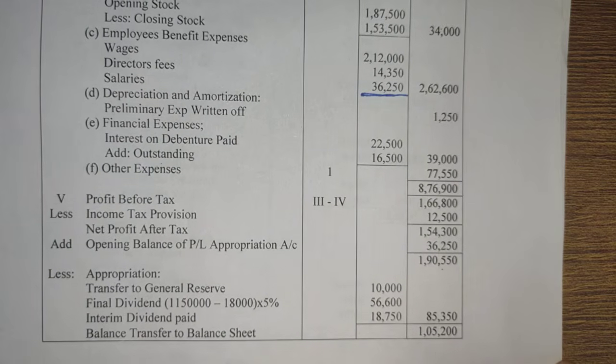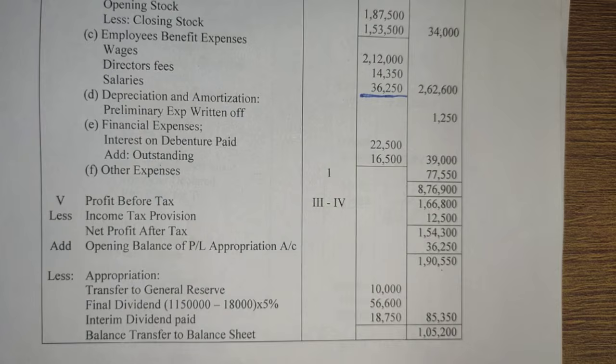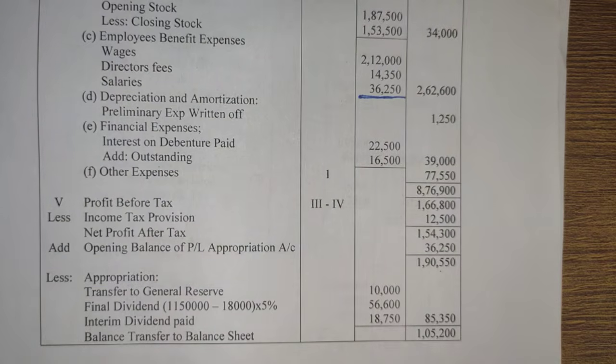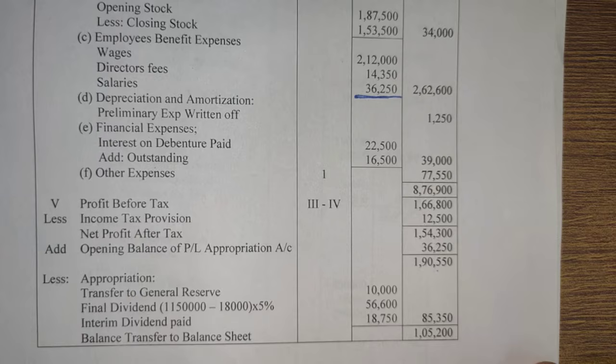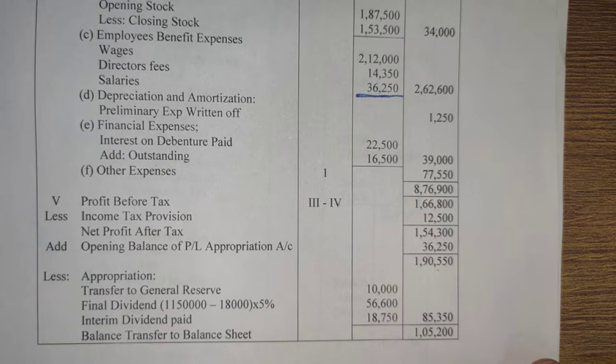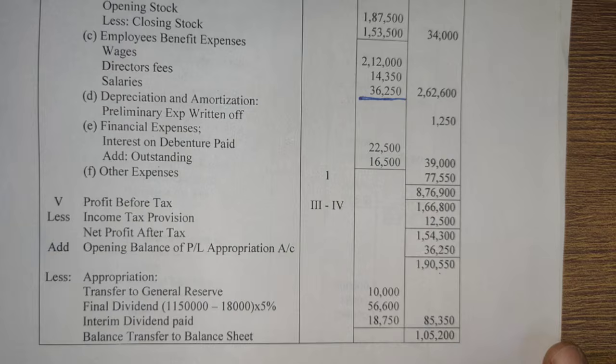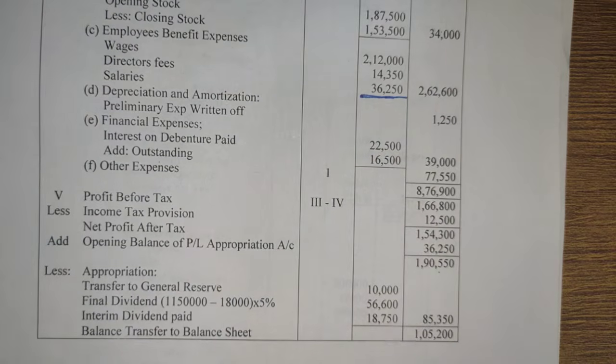In our trial balance we have one entry, preliminary expenses, and the total amount given is 12,500. Additional information point number 3 says that preliminary expenses are to be written off by 10%. So 10% of 12,500, which is 1,250, is written off.